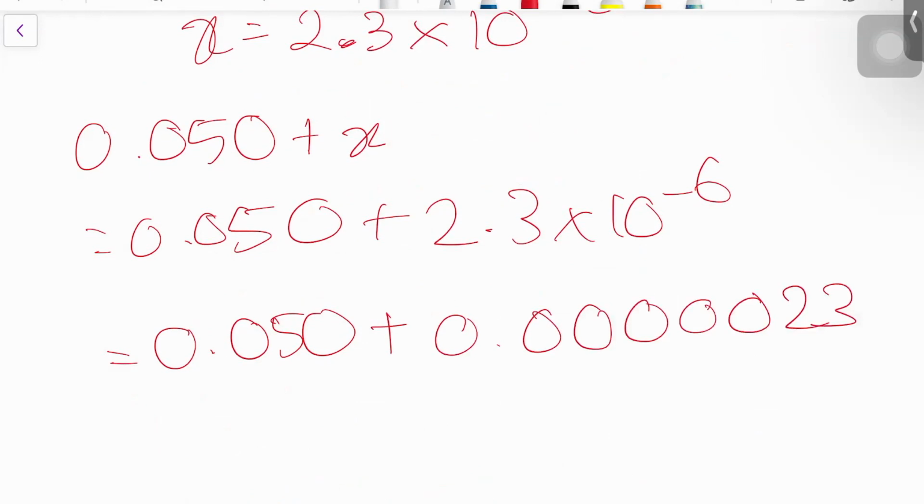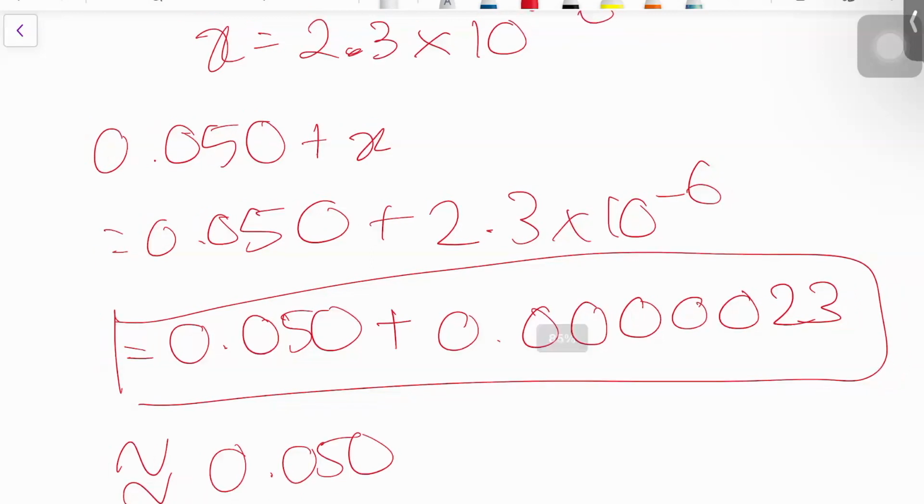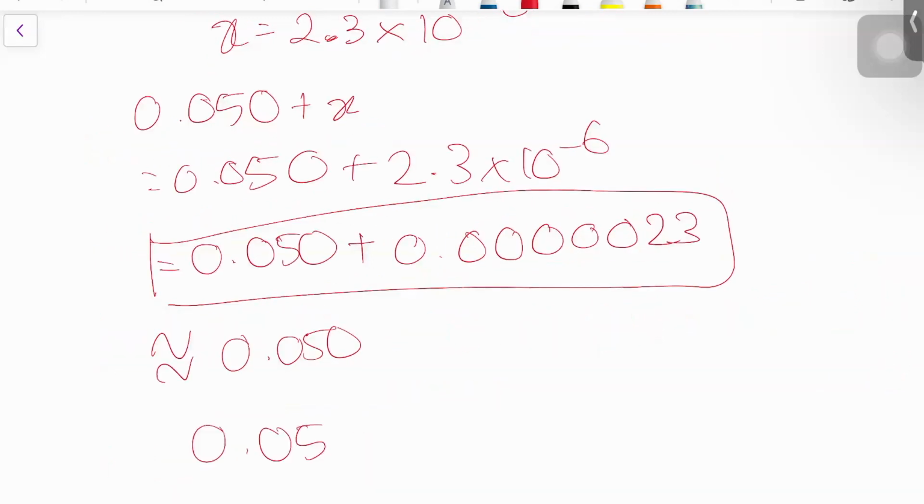That's what you're doing. If x is a really small number, when I add it to another number, it's not going to do much to it. If you actually do it, the actual answer will be 0.050023. In which case, it might as well just be 0.050.